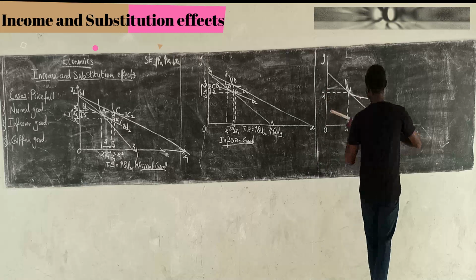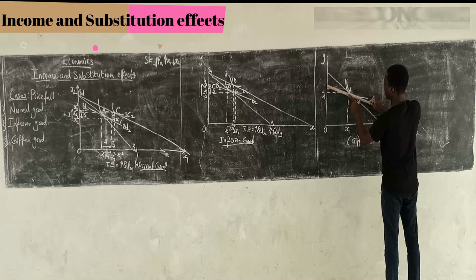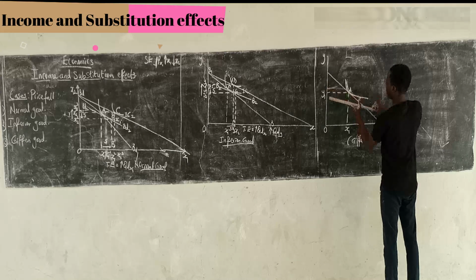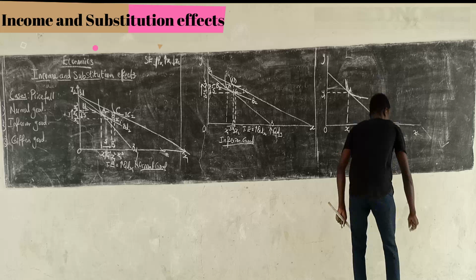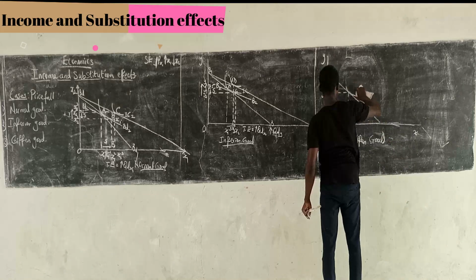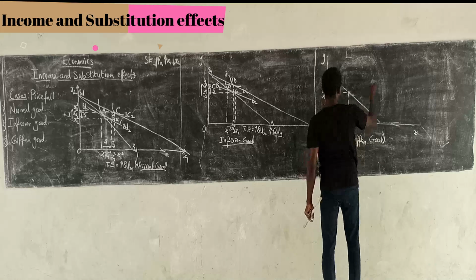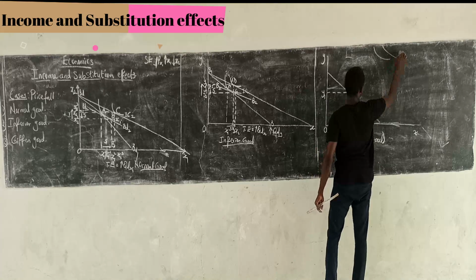Let me just sketch out, let me draw a new budget line. Is this in the right slope? Is it proper? It's not looking like a proper slope. The slopes are drawn this way.